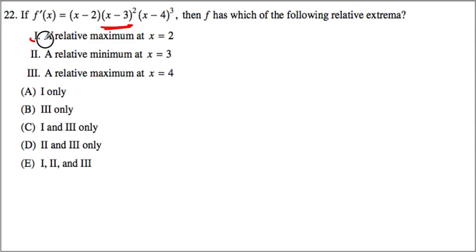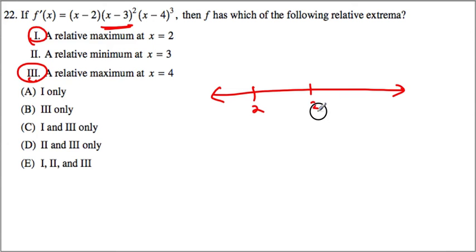Let's look at the derivative then here. So 2, 3, 4. These are the possible candidates. If you imagine the leading coefficient here, we have a cubic, so the right end has to be going up.